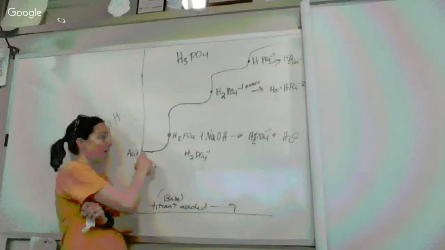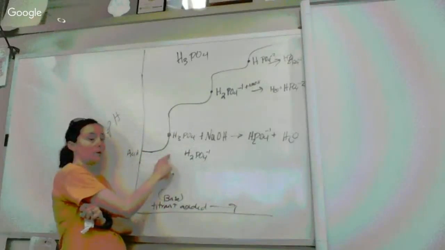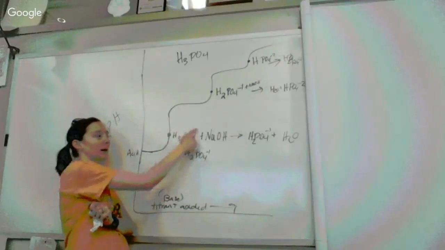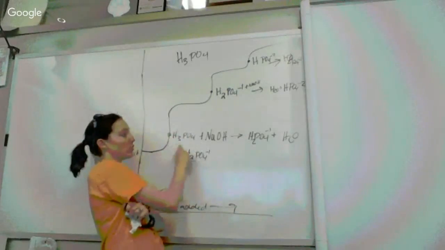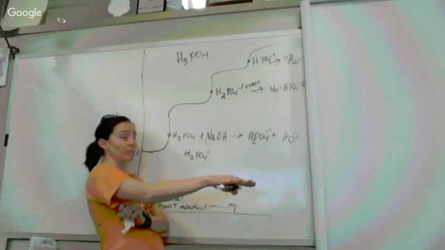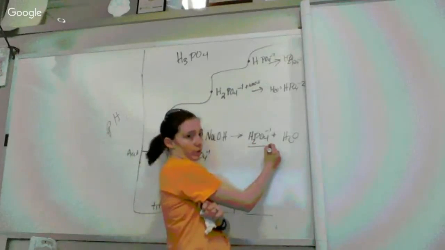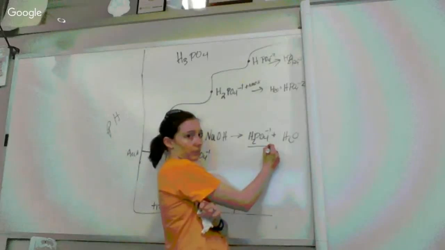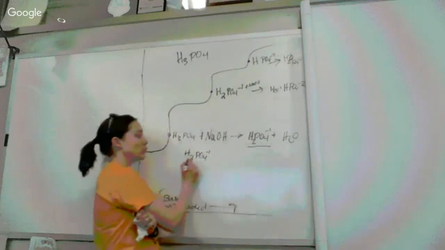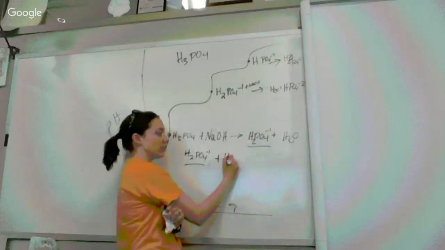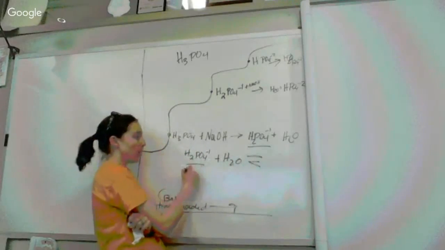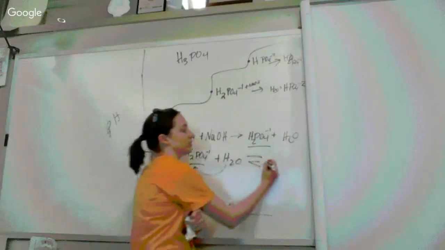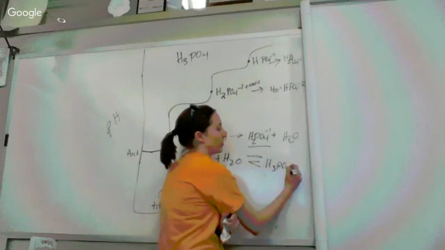As I add base, very little changes. But once I get enough base to react at my equivalence point, now all of my H3PO4 has gone and it's all turned into H2PO4. Now my H2PO4 is going to react with the water and reach equilibrium and cause my hydrogen to go back and become H3PO4 and hydroxide.